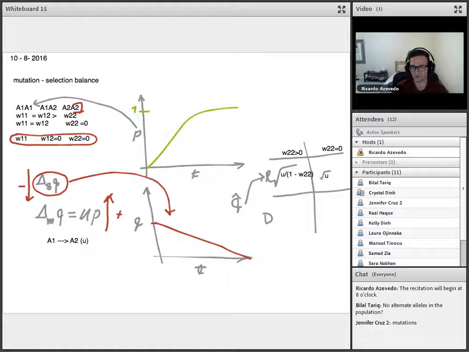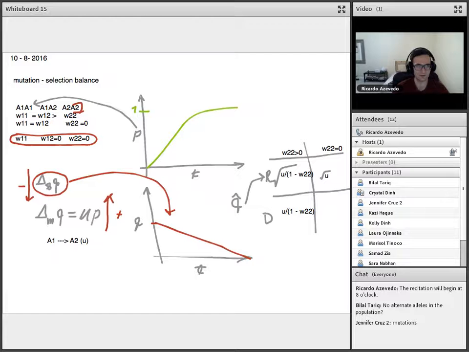In the case of dominant, the square root part is going to disappear. So in the case of dominant, deleterious is going to be simply U over 1 minus W22, which is the fitness of the genotype carrying only the deleterious allele.